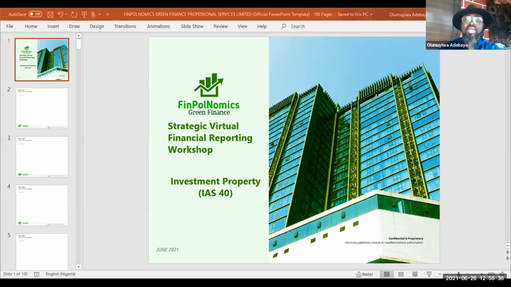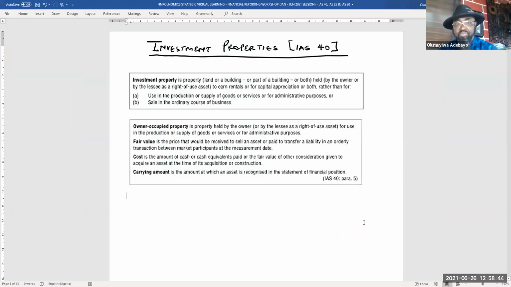Now let's look at some other key terms that are essential to our discussion on IAS 40. One of them is fair value.